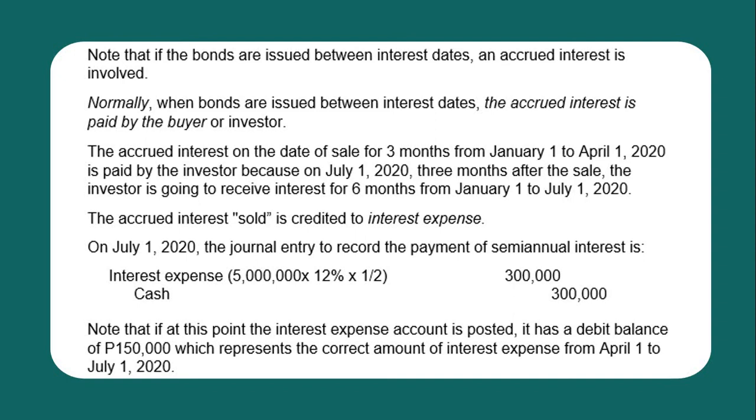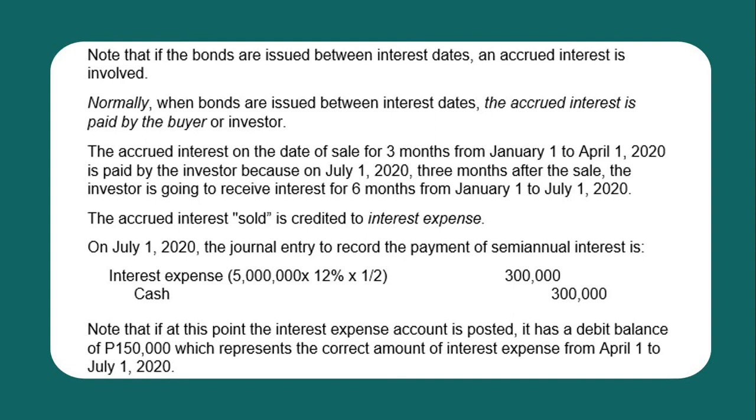So on the issuance date, the investor pays the issuing entity the interest, but the investor doesn't need to worry because the issuing entity will return it to the investor when the first interest payment happens.